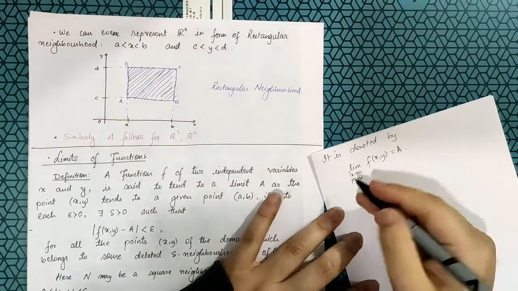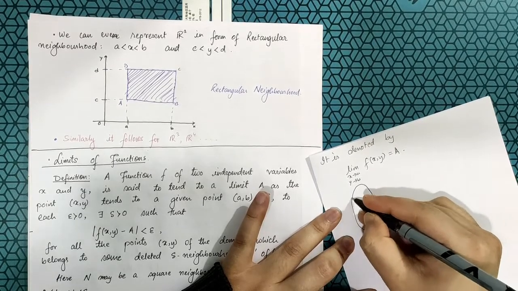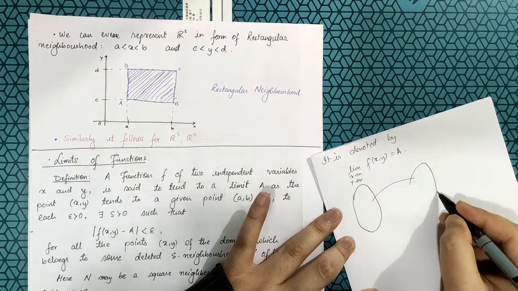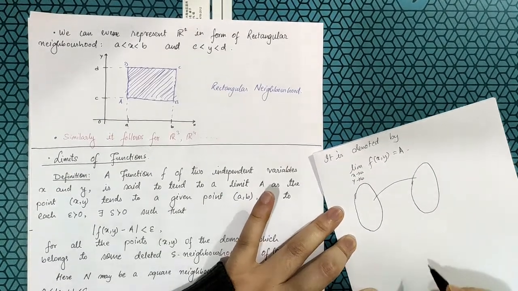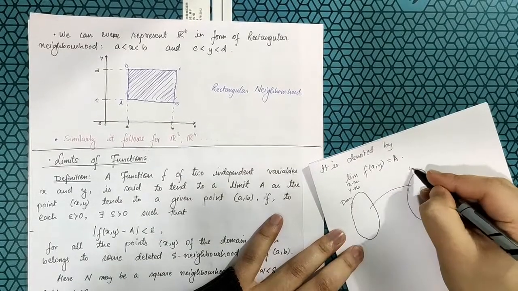So basically, what is a function? A function is a mapping from a domain to codomain.